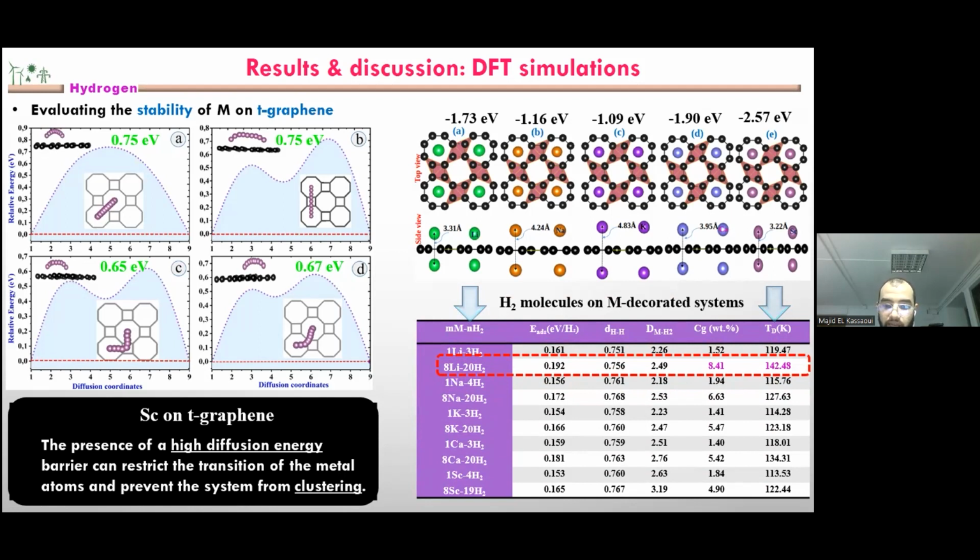The best element is lithium, with a gravimetric capacity of 8.41, but with a lower desorption temperature.